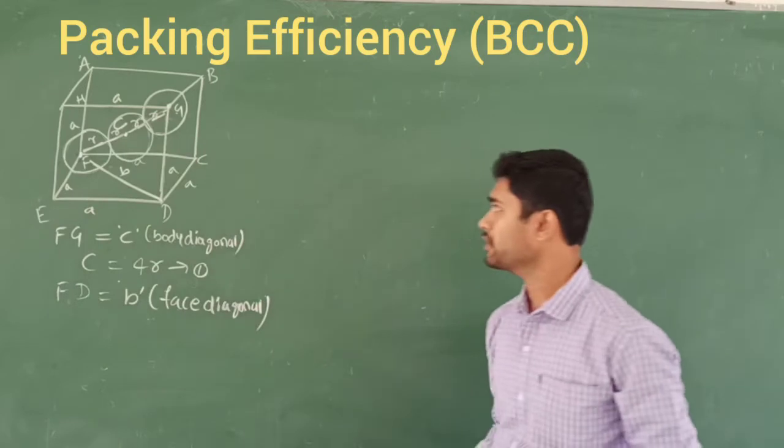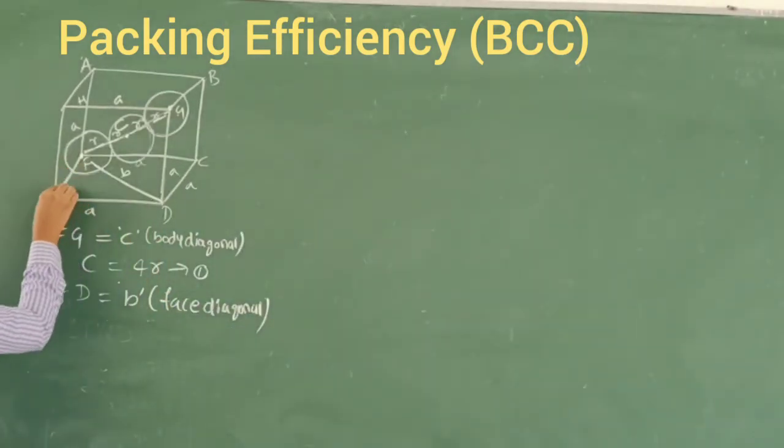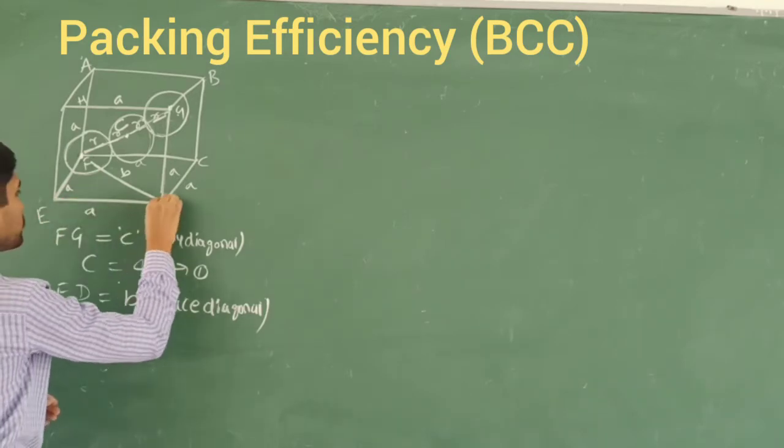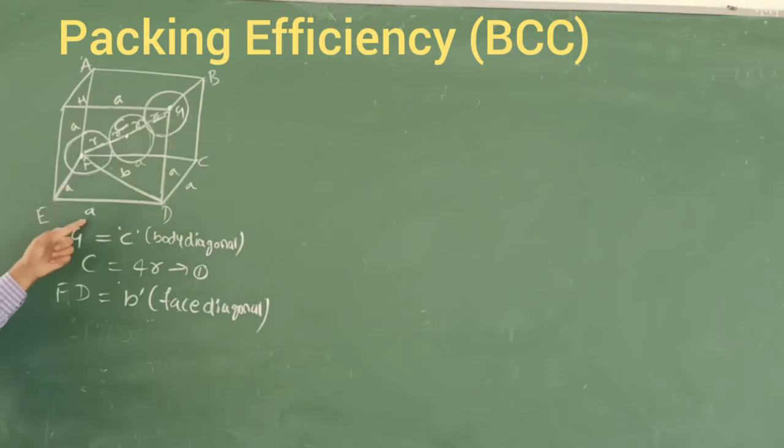Now I am going to apply the Pythagoras theorem to triangle EFD. Why am I considering this triangle? Because I know everything: this side I know, this I know, and this I know.